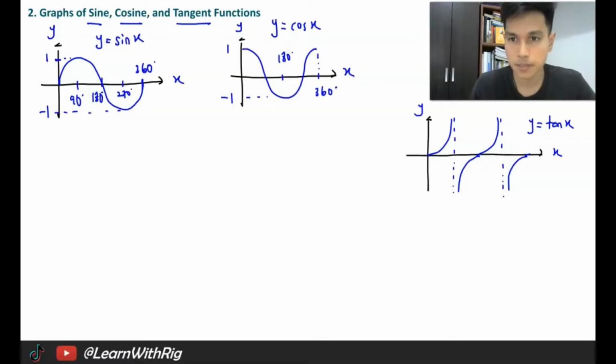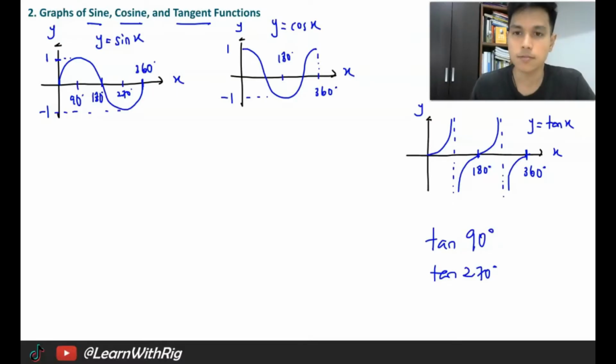Same thing, full cycle here will be 360. Here will be 180. The two asymptotes would be 90 and 270, but I won't label them. If you key in your calculator tangent 90 or tangent 270, you will get a math error. This is why we call this the asymptote.